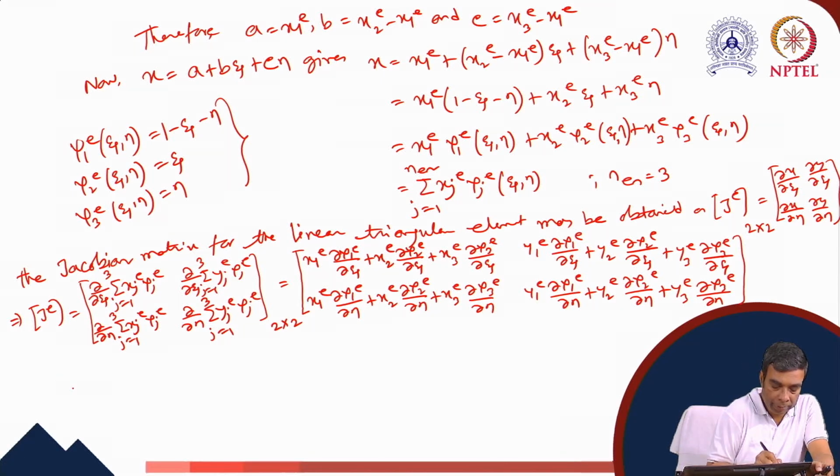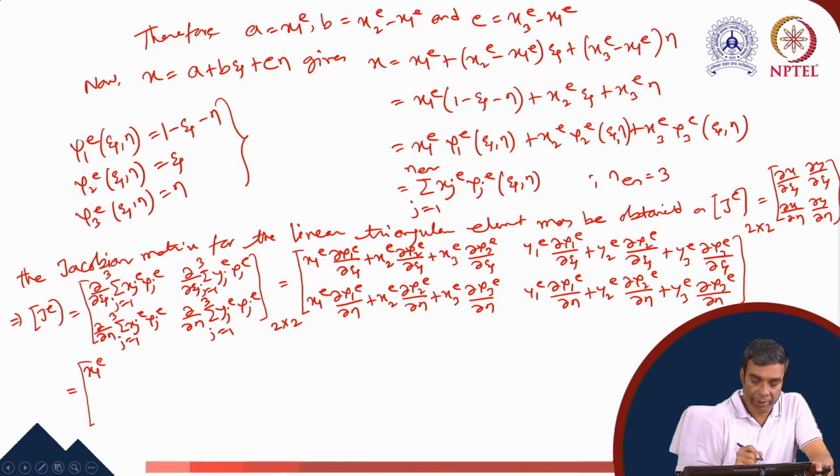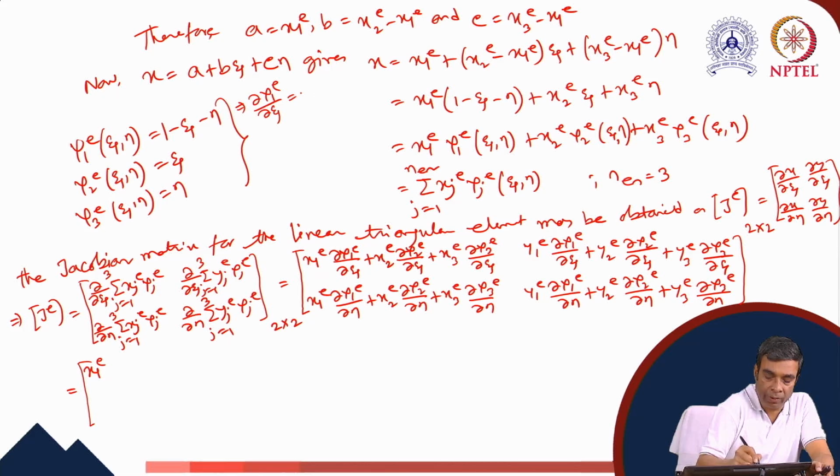Now we can substitute the derivatives here. x1e, now del psi 1e del xi, here we can see del psi 1e del xi equals -1. So this gives us -1 plus x2e del psi 2e del xi.